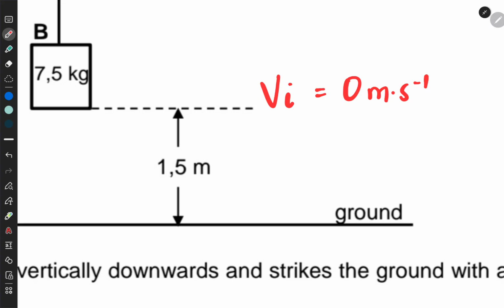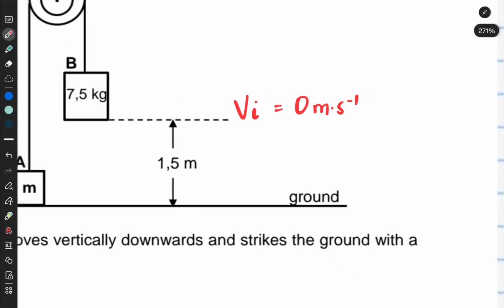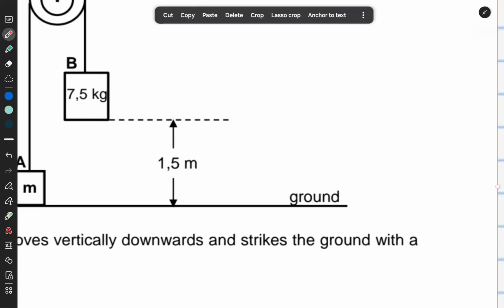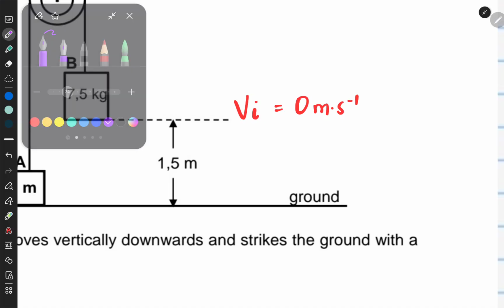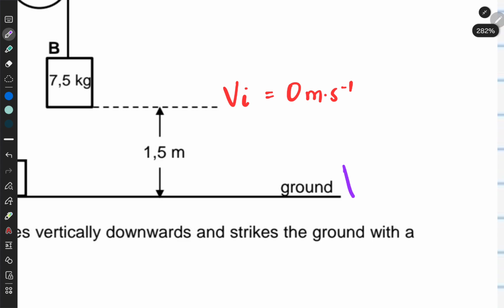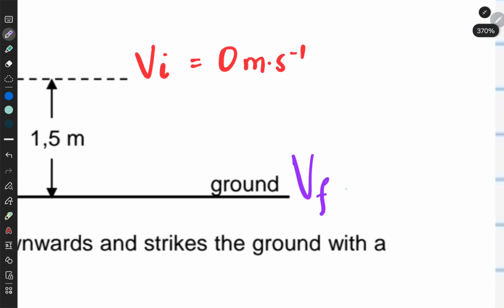Stationary, rest, and so on means it is not moving at all. Those keywords mean that. And then we are told that when it's released, it reaches the ground at a velocity, let's call it our final velocity, of 3.41 meters per second.